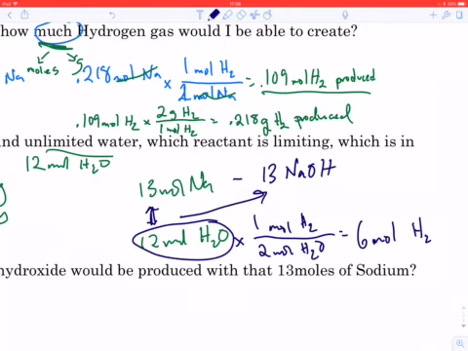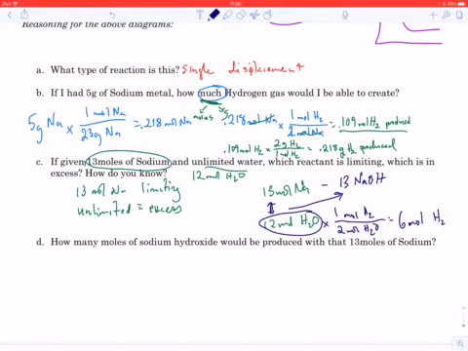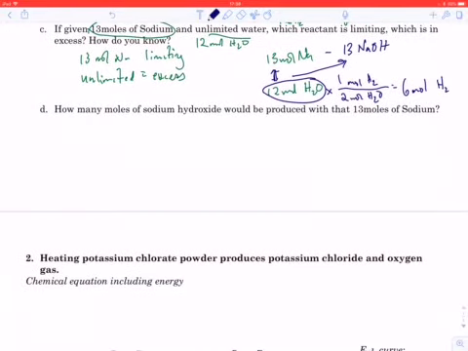So this here would be your limiting reactant in that case. So again, using your mole ratios, trying to figure out what's going to be the limiting factor in that reaction. That's a hard one in terms of limiting, and I would give you something a bit more straightforward, like on the quiz. But just know that if you ever see amount of moles and unlimited, unlimited is always the excess.